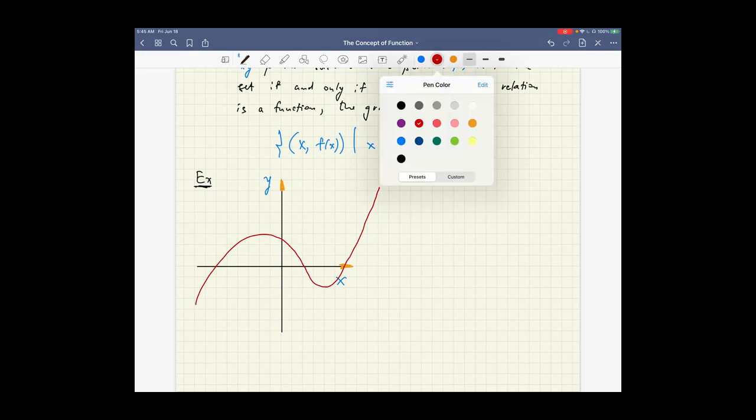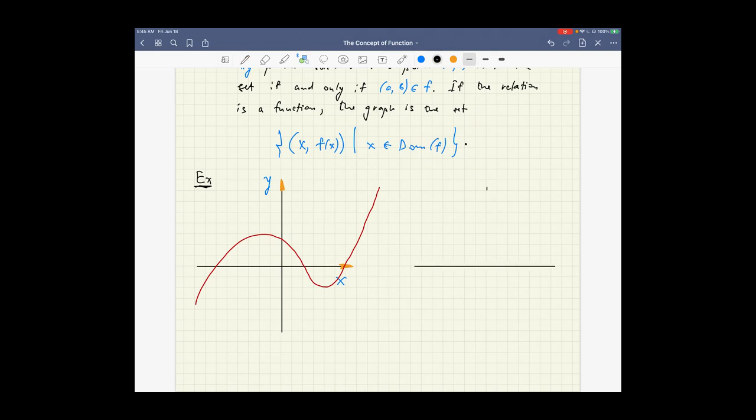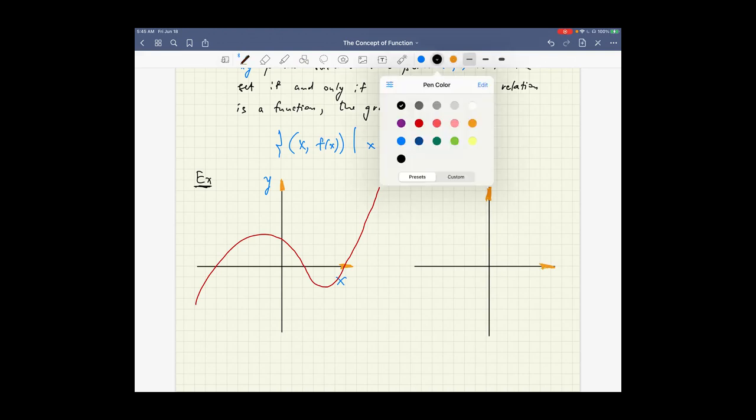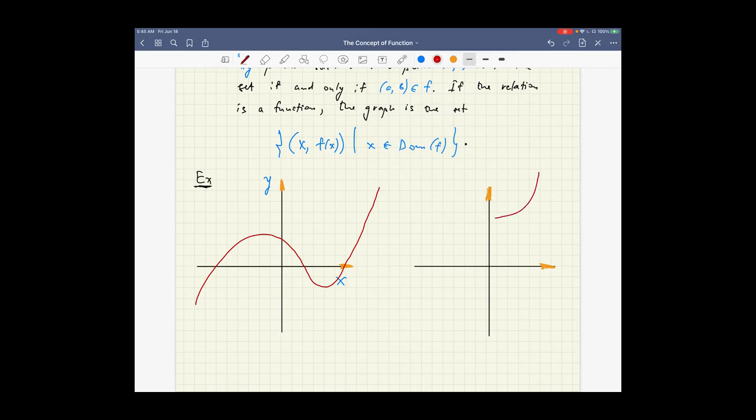And the other picture will look like this. So here, for instance, we have the point A comma B in the set.